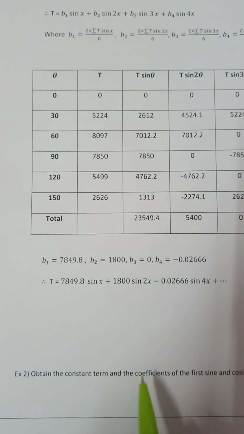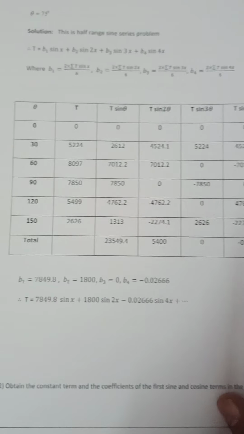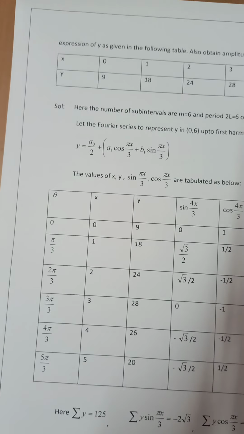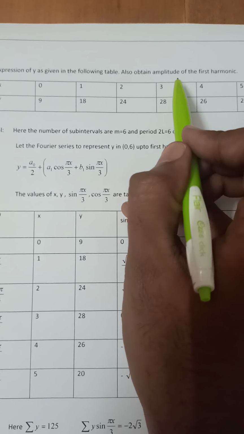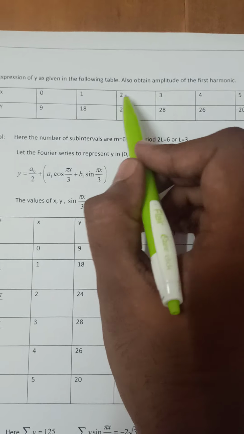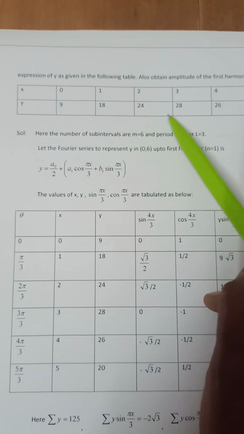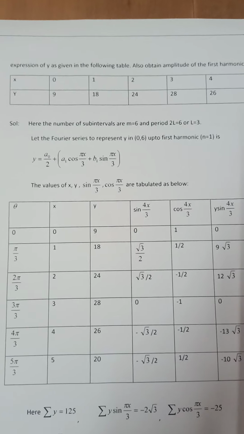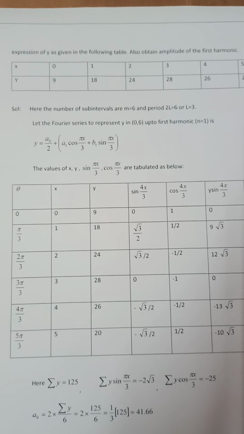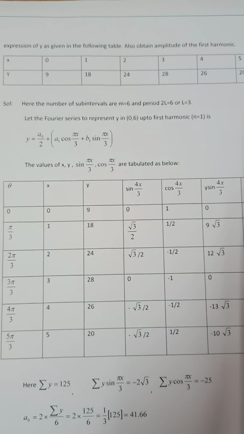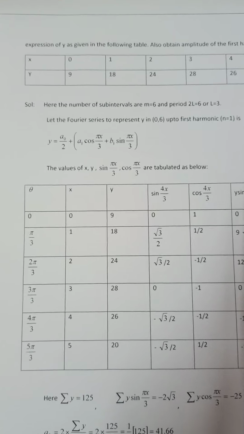Now obtain the constant term and the coefficient of the first sine and cosine term in the Fourier expression of y given in the following table. Also obtain the amplitude of the first harmonic. These are the values of x and y given in tabular form. Here the number of subintervals is m = 6 and the period is 2l, which we compare with 6, so l = 3.